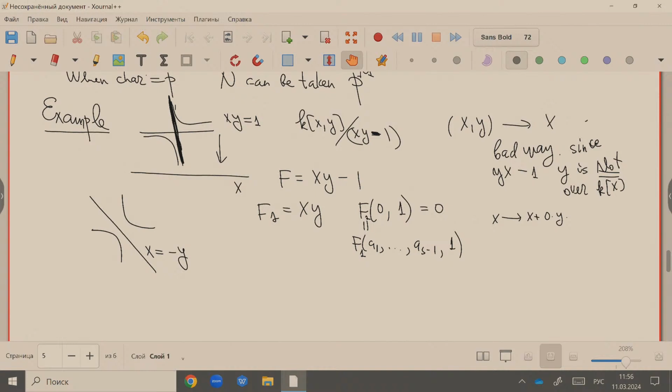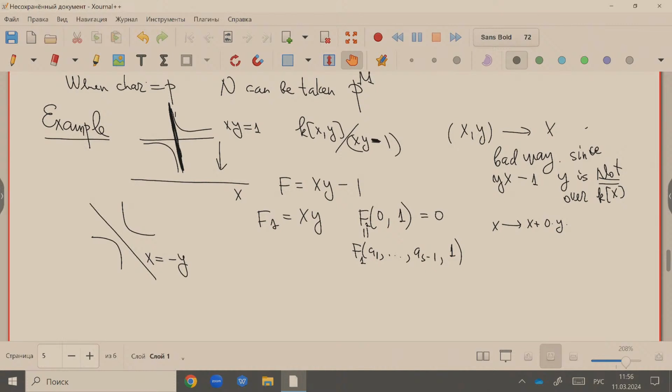So this means that, for example, you can take x and take a linear change to be x tilde plus y. For me, it is more convenient to write x tilde minus y.